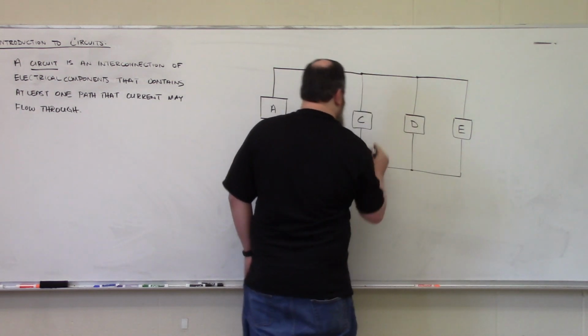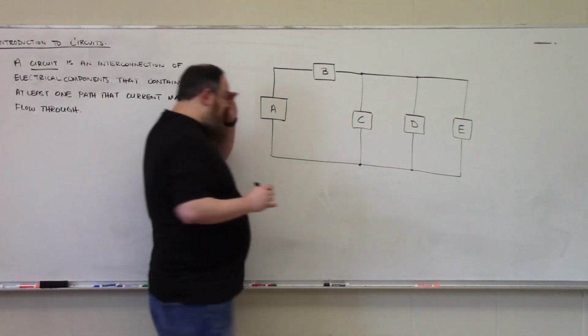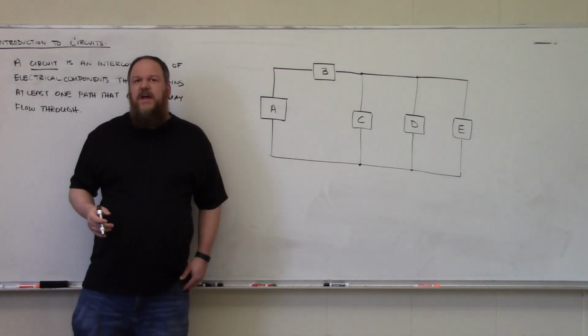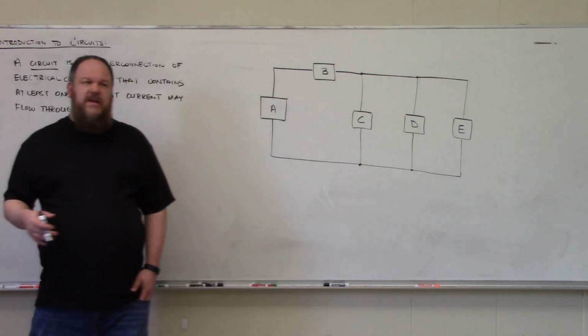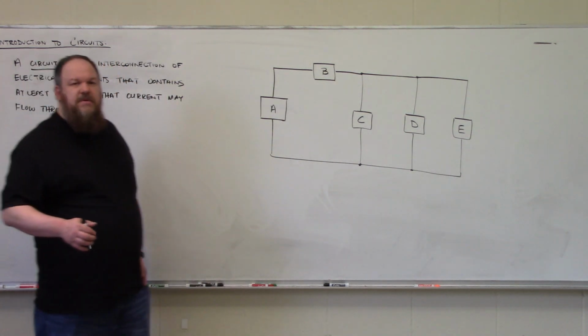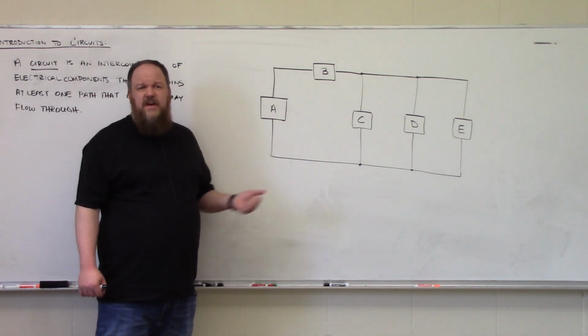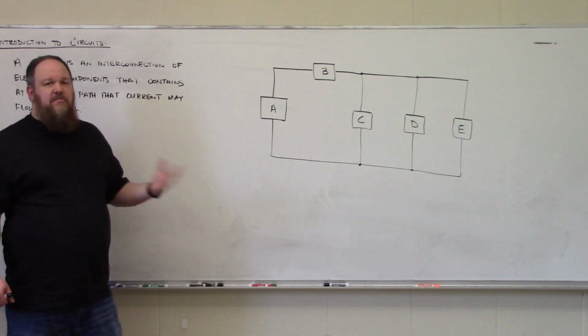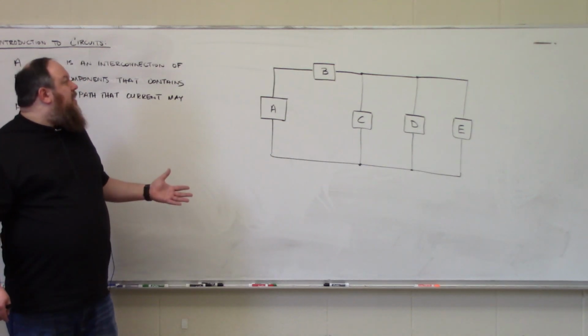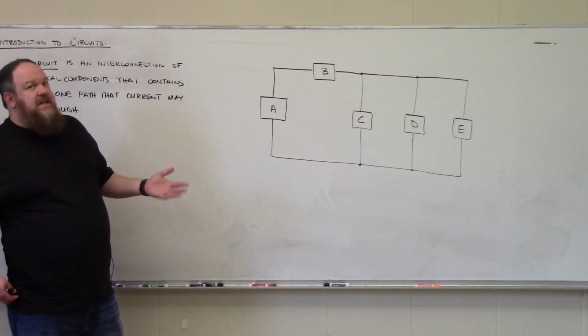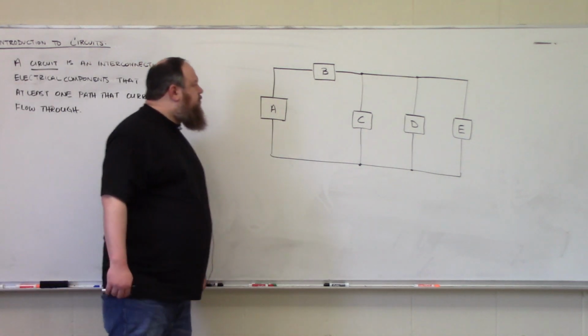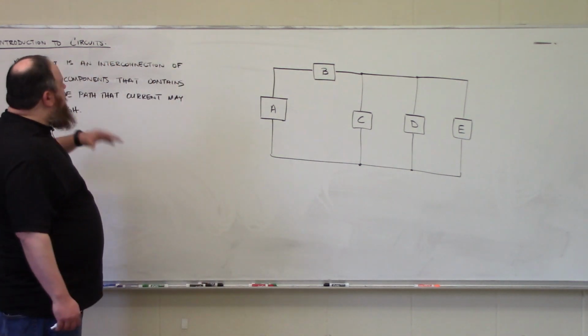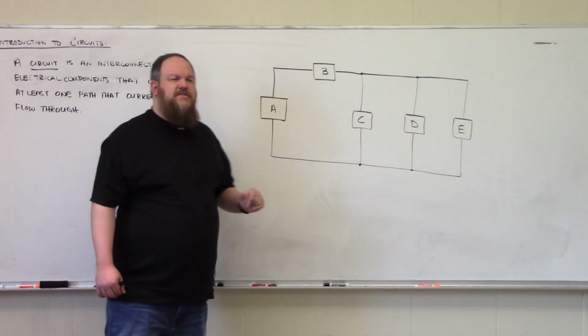So this is a generic circuit because we don't know what type of circuit elements A through E are. So they could be resistors, capacitors, inductors, diodes, batteries, transistors, memristors. The options are not limitless, but pretty close. So we have an interconnection of generic circuit elements.